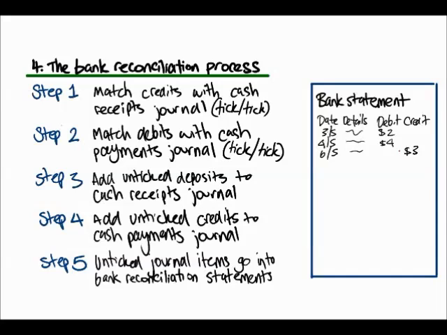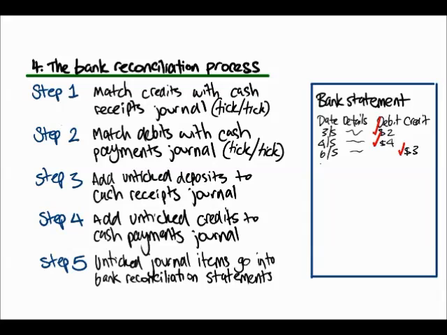You would then look through your cash receipts journal for the 6th of the 5th and find the one that hopefully you've got a transaction for $3. If you do, you tick it off. Okay, so you've got them both sitting in front of you, and you tick it to say, yep, that's on both documents. You then go through and do the same thing with the debits for your cash payments journal. So if this was the really simple one, we'd go through and find those 2 transactions, and we'd tick them off.